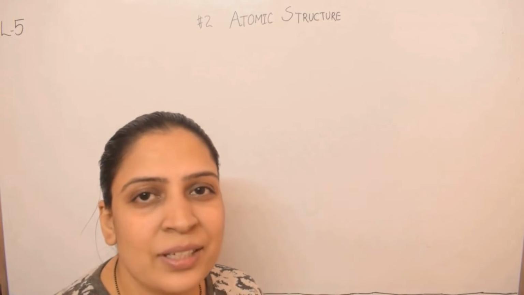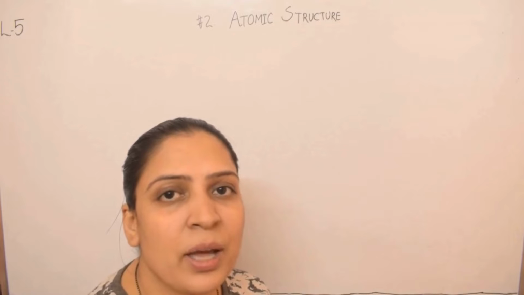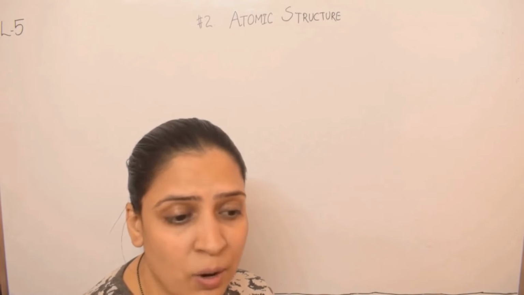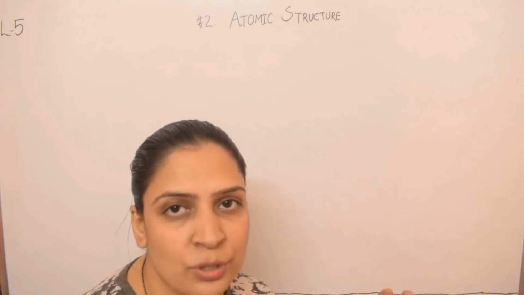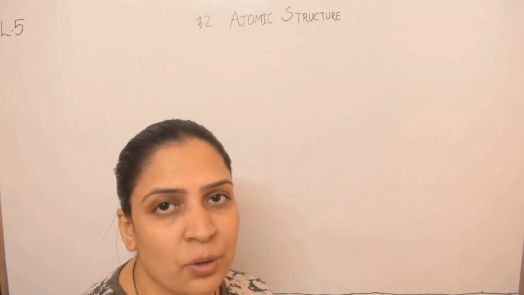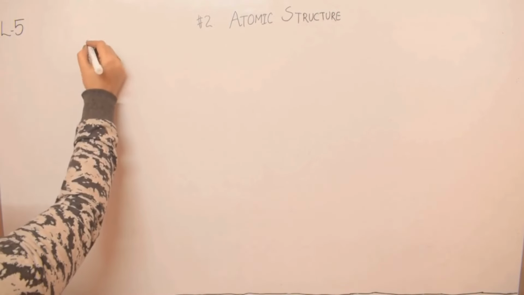Hello everyone. So today we are going to continue the quantum mechanical model outcome and the application of quantum numbers, and how to use these quantum numbers in order to assign the position or allocation of electrons in an atom. So we are doing electronic configurations.